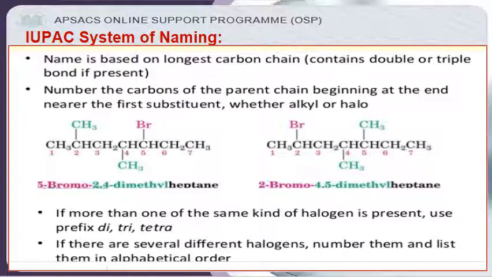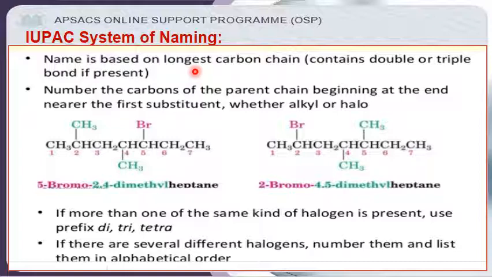According to this system, alkyl halides are named as derivative alkanes, and these rules are observed for this purpose.